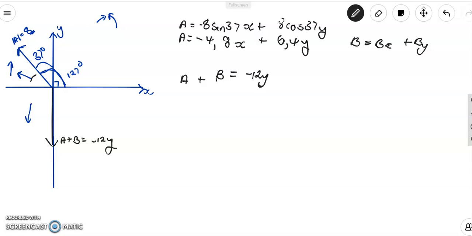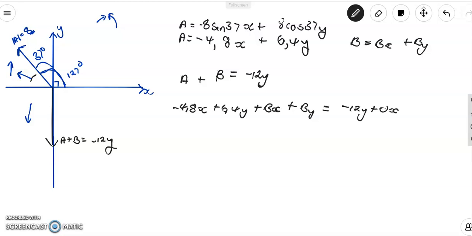A is minus 4.8x plus 6.4y. Plus B, bx plus by. Then what are we supposed to get? We're supposed to get minus 12y, so plus 0x. Of course, there's no x here.